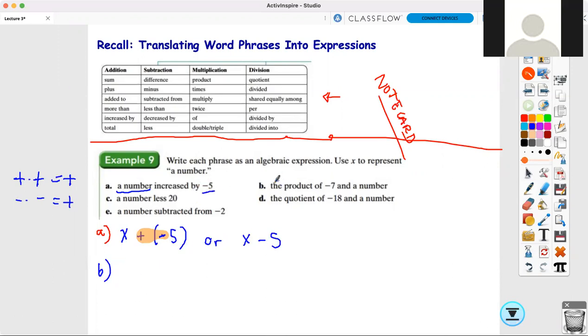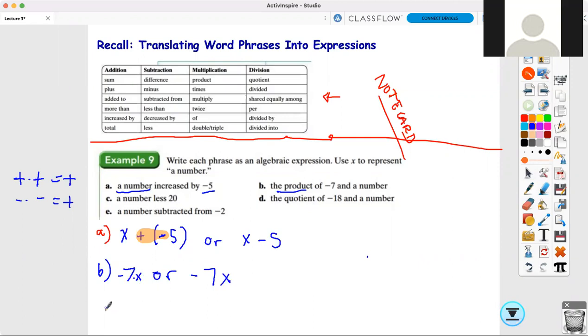B. B is the product of -7 and a number. So what operation is product? Multiplication. So what are we going to be multiplying? We're multiplying -7 with what? You're going to do -7 times X. Yep, which is just the same thing as -7x.